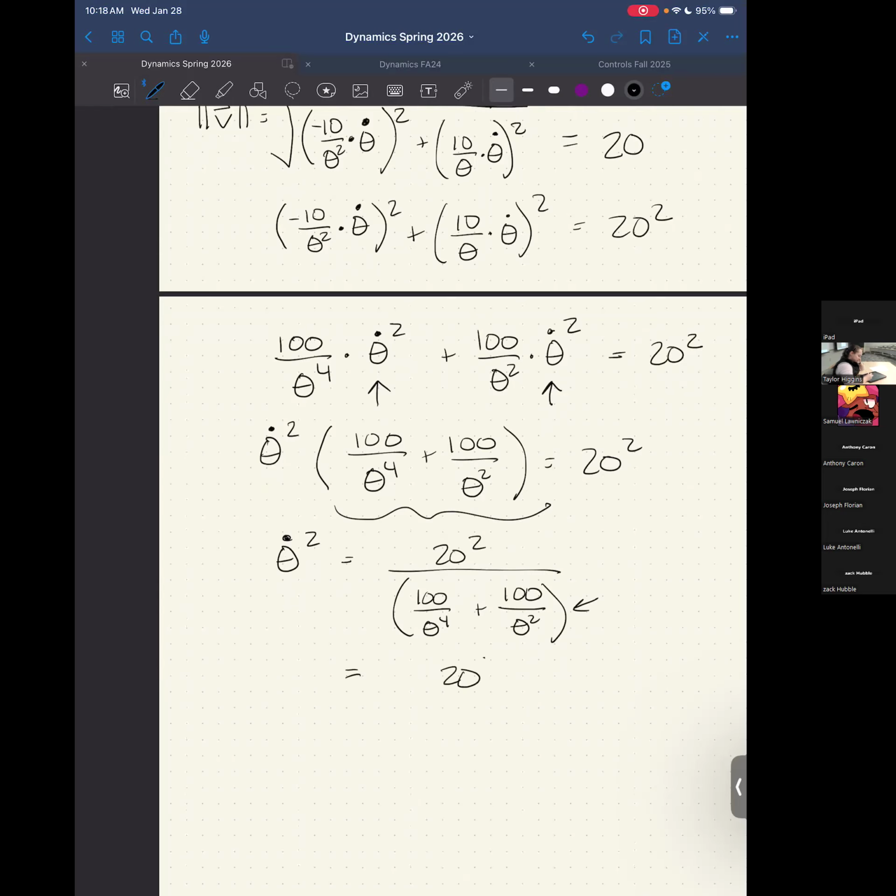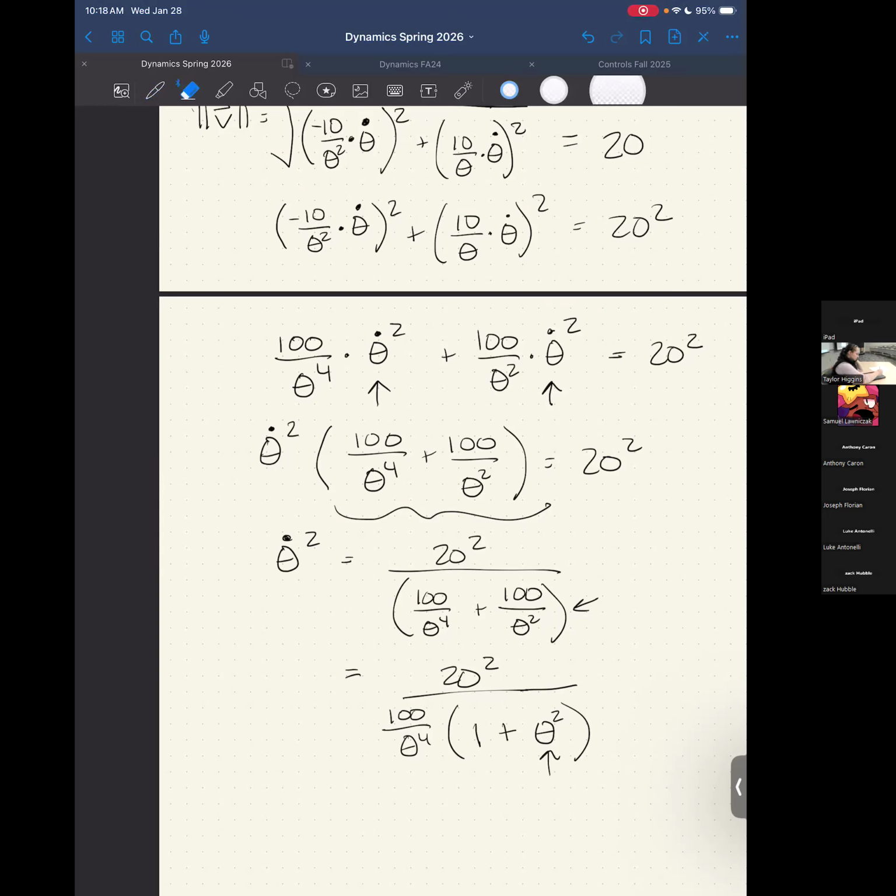So 20 squared over, let's see if you agree with this, 1 plus theta squared. Yeah? So if I divide this term by theta to the fourth, I'll get a theta squared on the bottom.